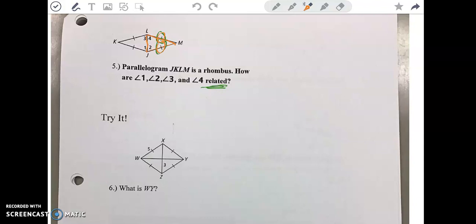It's not asking you what the angles are, it's just saying how are they related. So because JLM is isosceles, then angle 2 and angle 4 are congruent based off that.